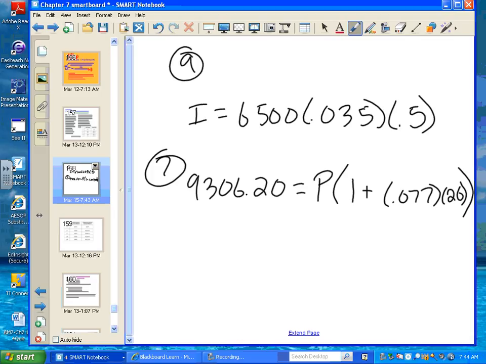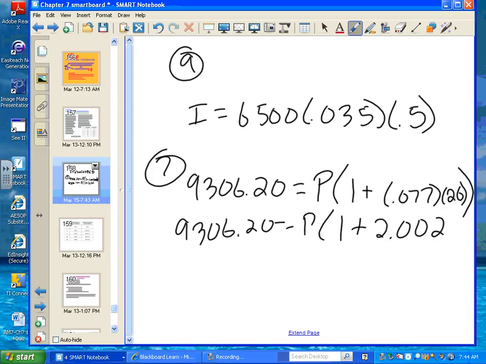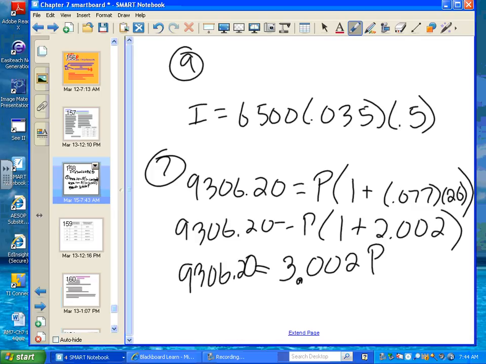Okay, so then I multiply these next. And then I added 1 plus 2.002. And I just got rid of the parentheses. And then, Joseph, I divided both sides by 3.002. And you get 3,100.